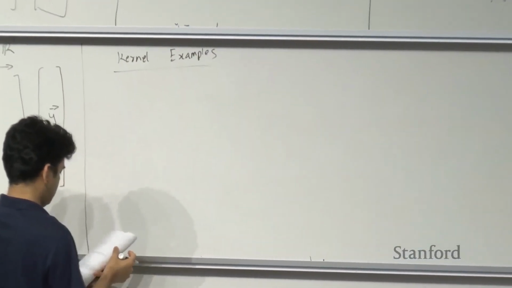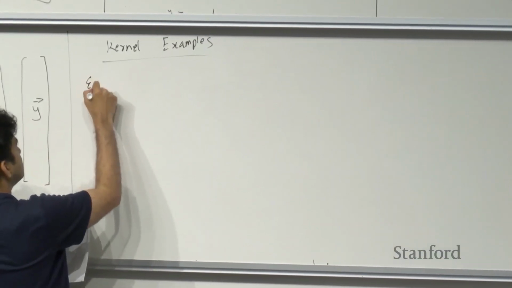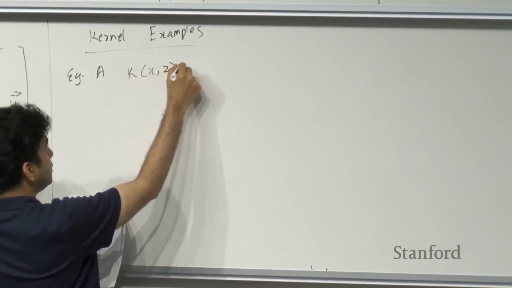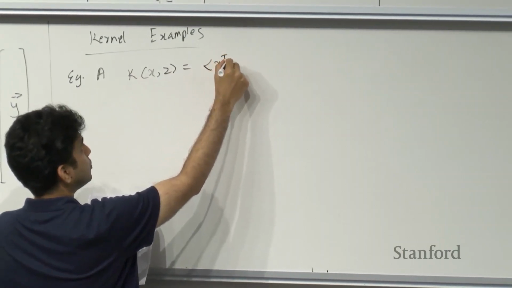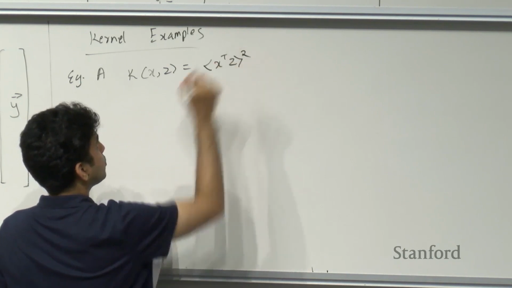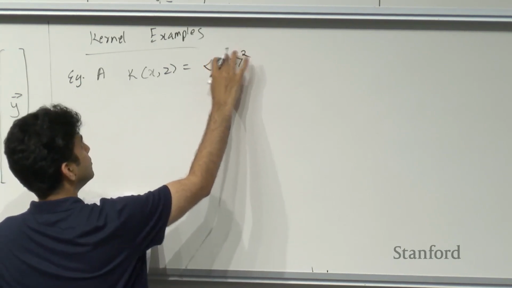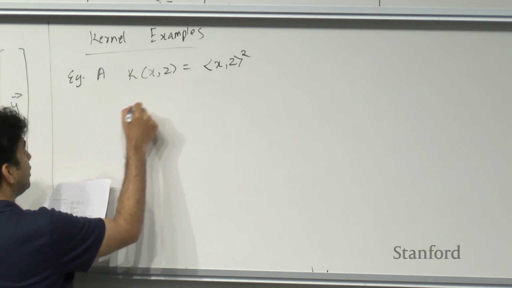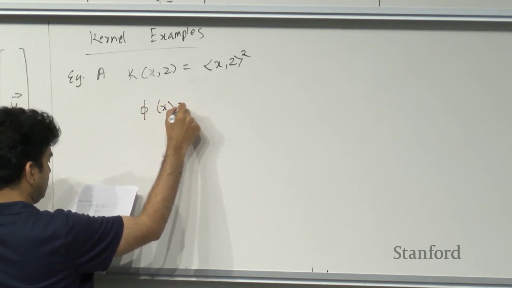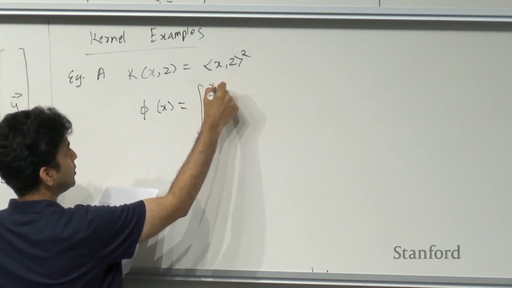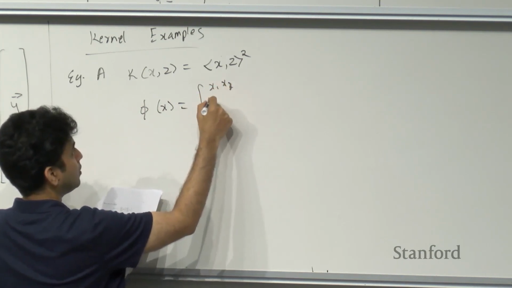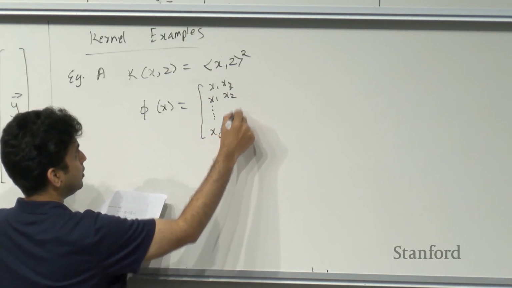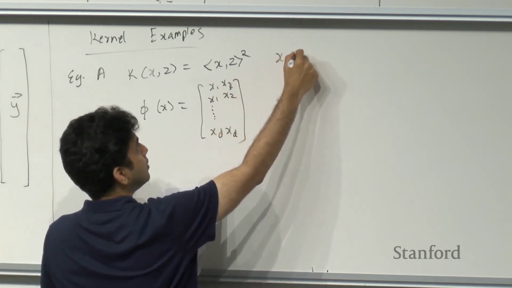Kernel examples. So, for example A, K of x comma z equals x transpose z squared, and this has the corresponding phi of x equals x1 x1, x1 x2, and so on up to xd xd, if x is in R^d.